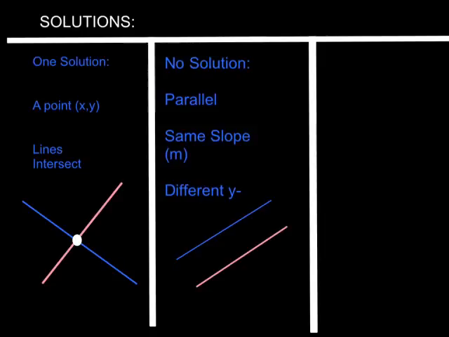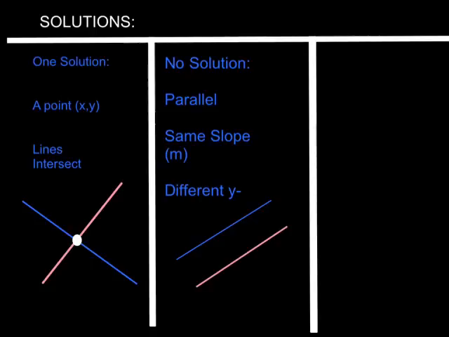The second type is when you have no solution, and in this case the lines would be parallel. They would have the same slope but different y-intercepts. Your slope is the letter M and the y-intercepts are your letter B. All your variables would cancel.